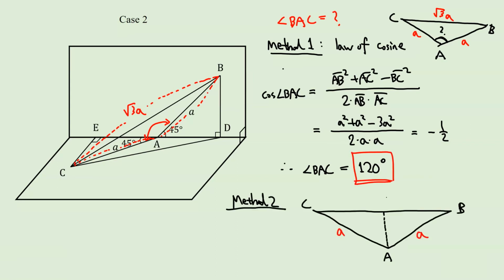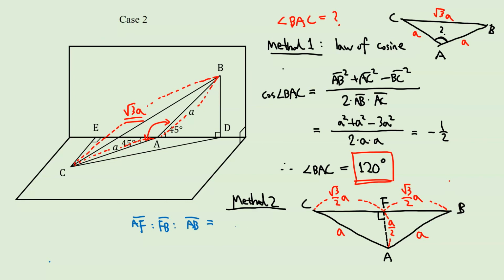Or for the second method, we divide the triangle ABC into two smaller triangles. So let F be the foot of perpendicular from point A onto BC. Then since length of BC is square root of 3 a, the lengths of BF and CF are both square root of 3 over 2 a. And by the Pythagorean theorem, you can easily obtain this length is a over 2.